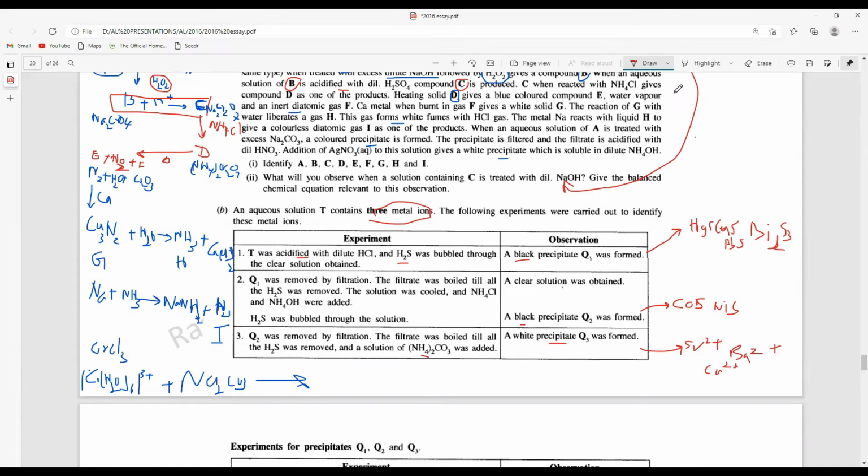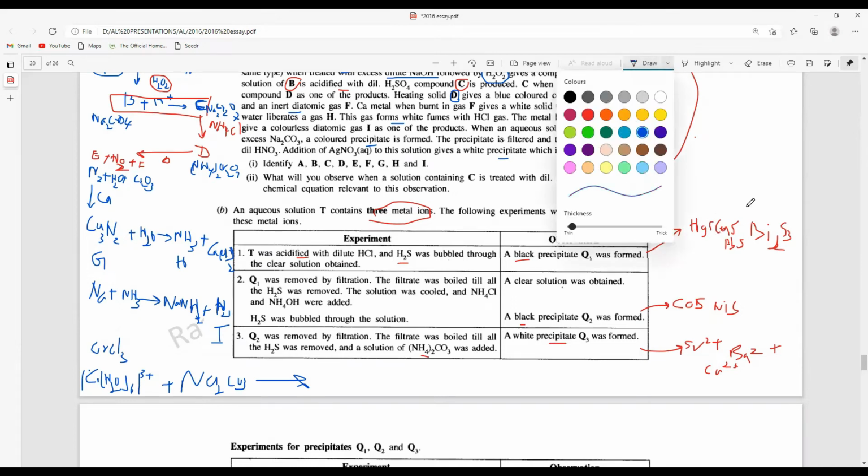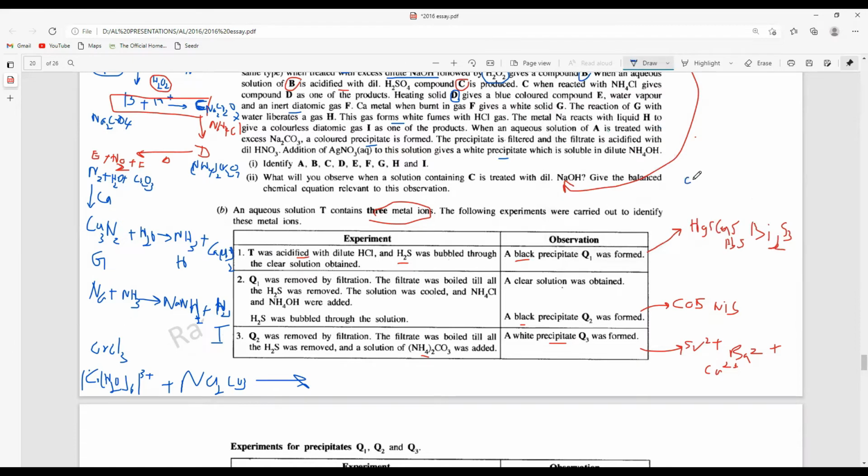But when there is copper 2+, I think you should be able to remember this at this point. When you have I minus, if you can remember, we studied this, it forms copper iodide plus I2, which is brown in color.